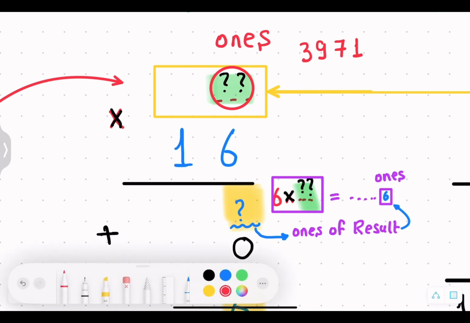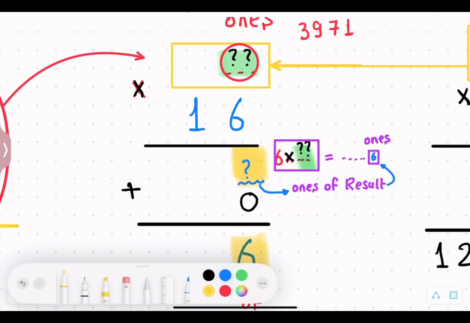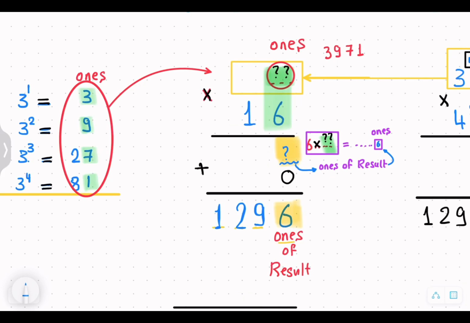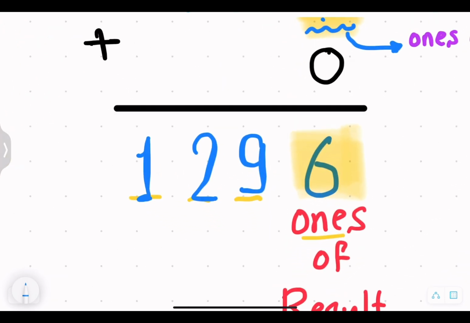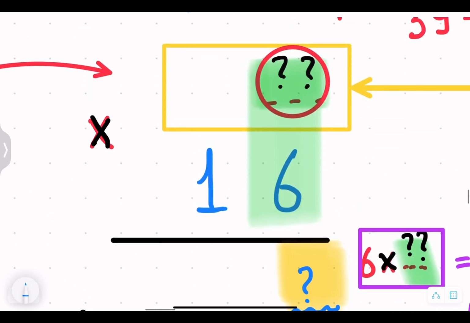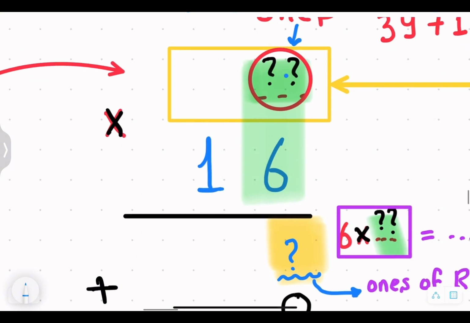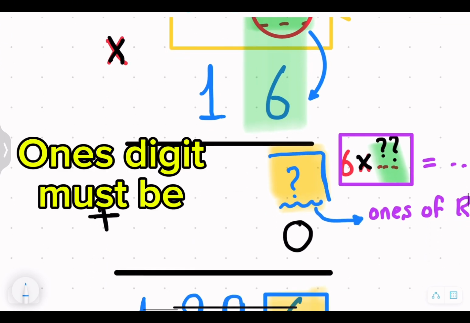Let's see which one of these we will take. When we multiply these two digits with each other, it will reflect on the result here. So this digit will help us know which digit must be written here. The digit that will be written here will be multiplied by 6, so that the result here must be 6 also.